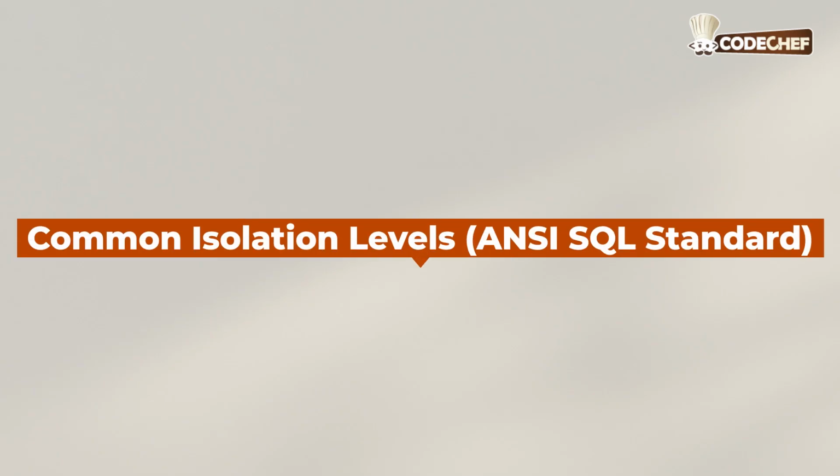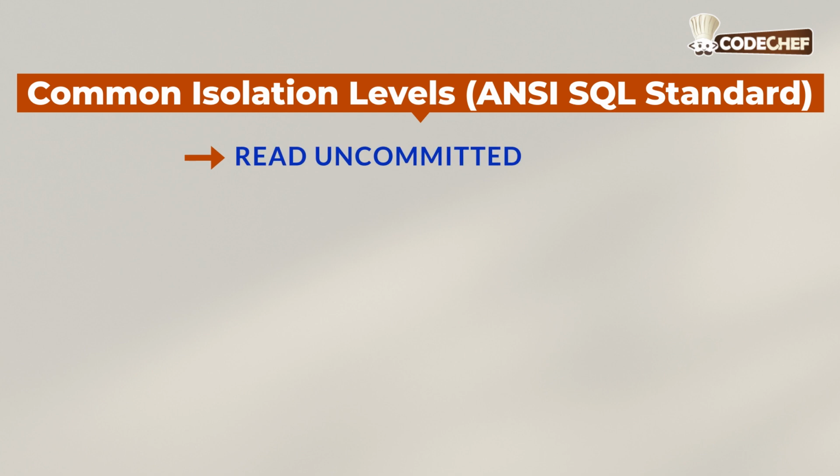Common isolation levels based on the ANSI SQL standard. First, read uncommitted. This is the lowest isolation level. Why? Because uncommitted data that is not saved by the transaction is visible to other transactions. That is why it is the lowest isolation level.